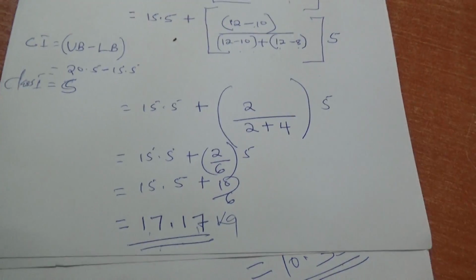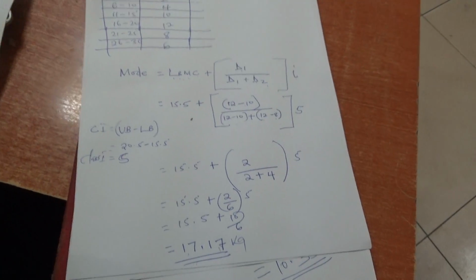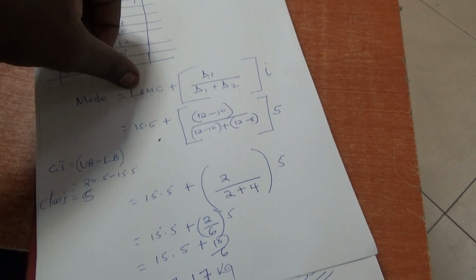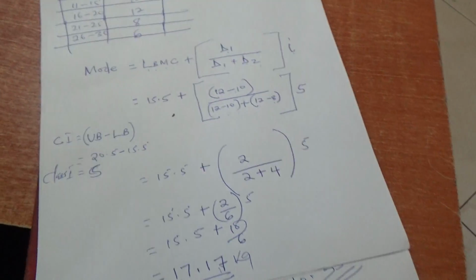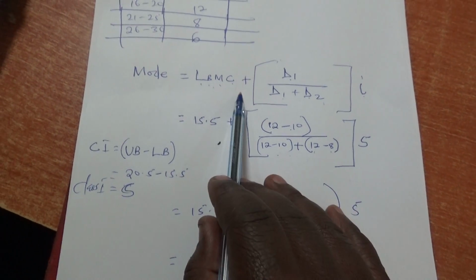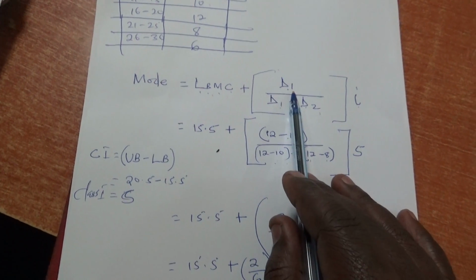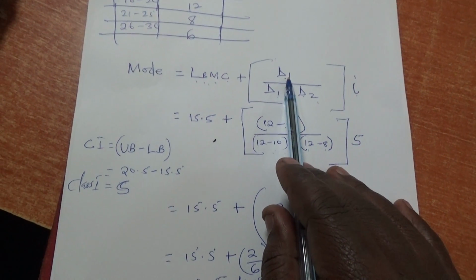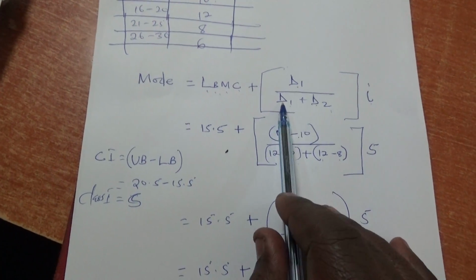So that is the mode and how to calculate the mode. You just have to know the formula, which is the lower boundary of the modal class plus D1, the modal frequency minus the frequency immediately above it. You repeat the same here.